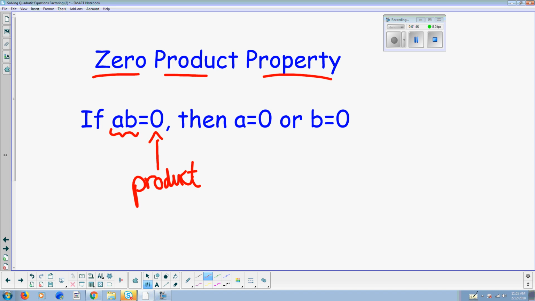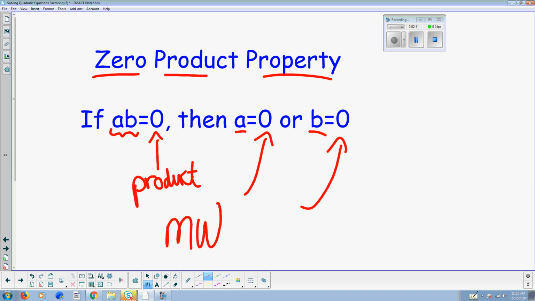If I multiply two factors together and the product is 0, then either that first factor A or that second factor B had to be a 0. The only way we multiply and get 0 for an answer is to multiply by 0.